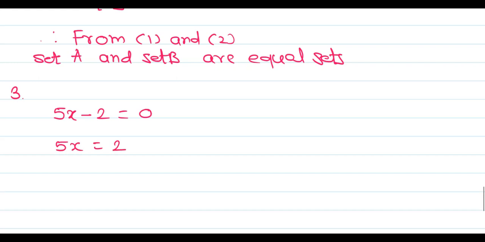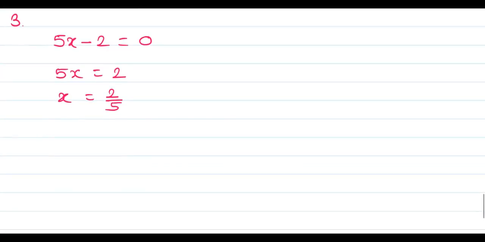Therefore x is equal to 2 by 5. x belongs to the set of natural numbers, but 2 by 5 is not a natural number.